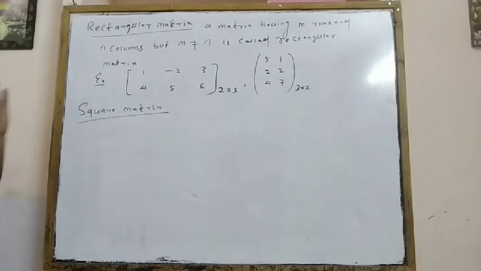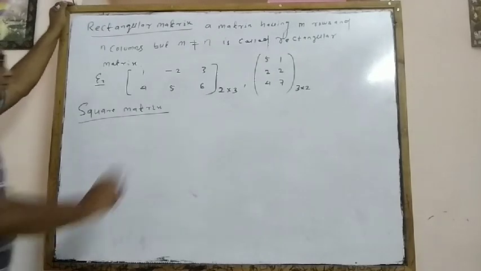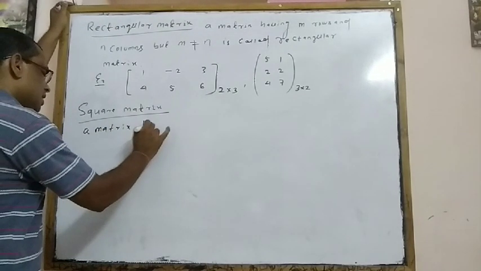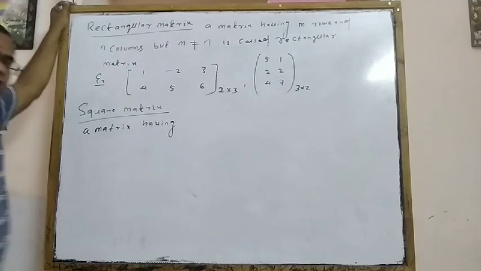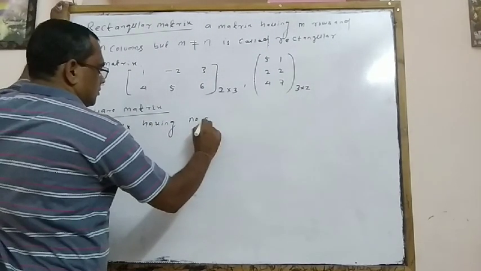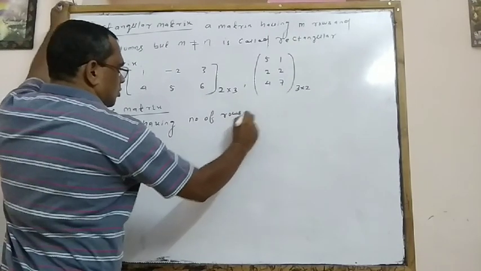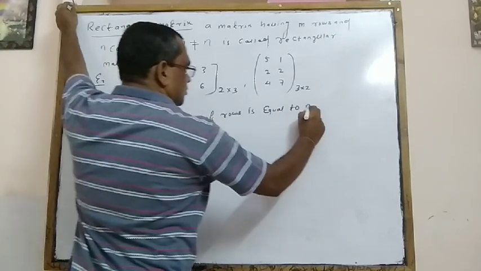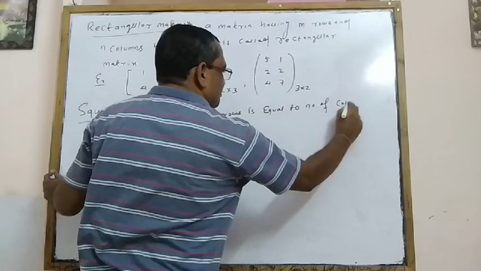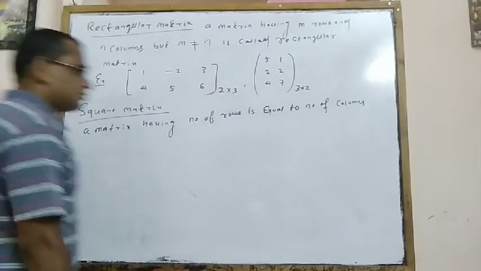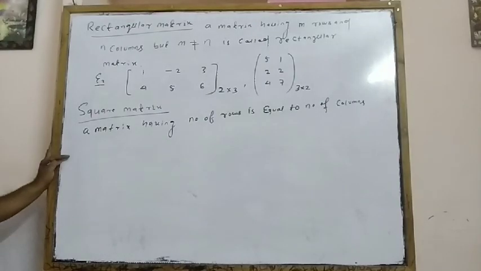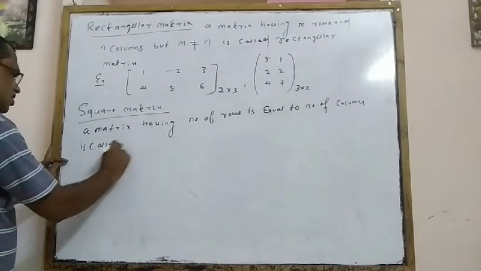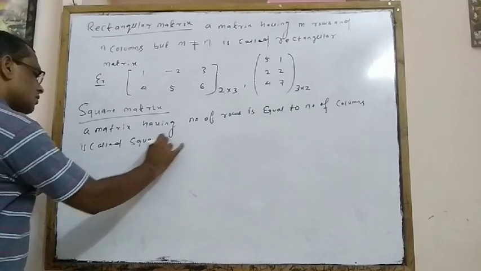Square matrix. A matrix having number of rows equal to number of columns is called a square matrix.